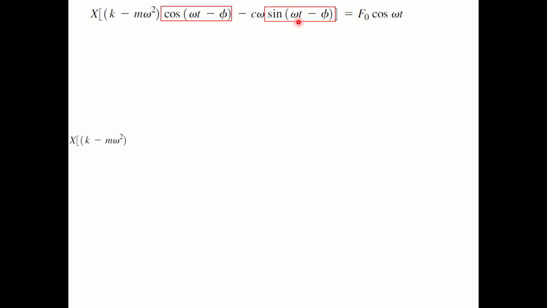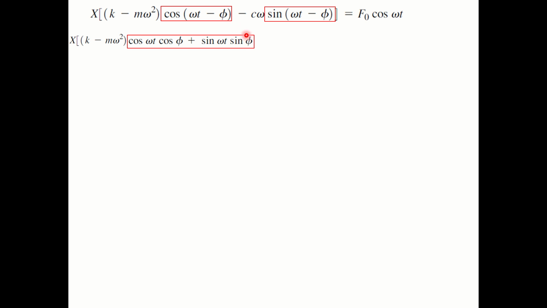You expand it. First term is k, this term, cos(omega t minus pi), can be written as cos omega t cos pi plus sin omega t sin pi. This is cos(a minus b), which can be written as cos a cos b plus sin a sin b.